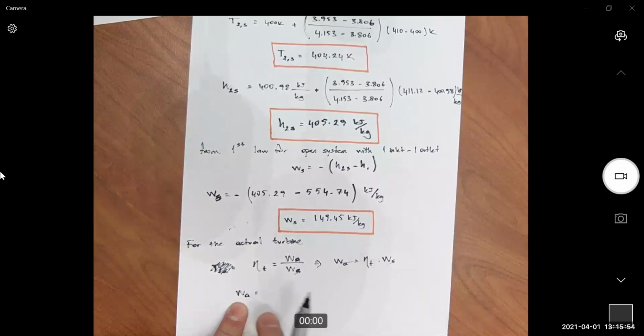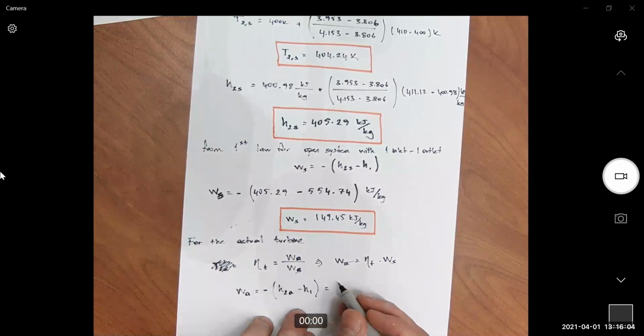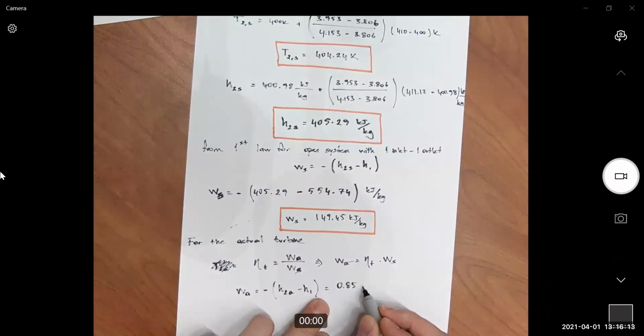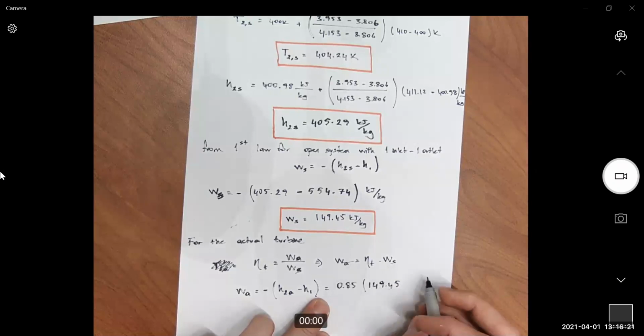Work actual is minus delta H, minus (H2 actual minus H1), equals 0.85 times work ideal, which is 149.45 kilojoules per kilogram.